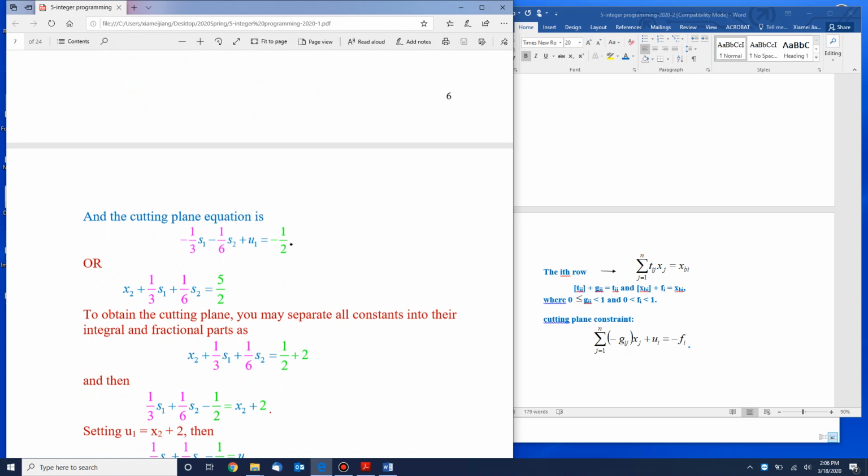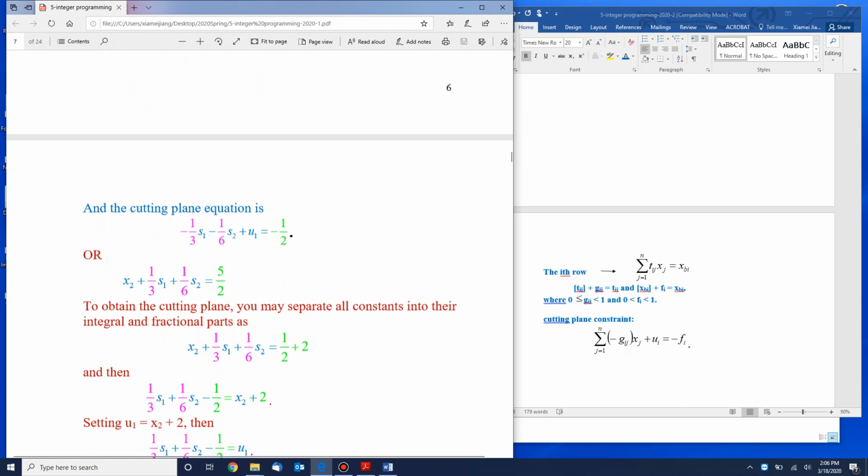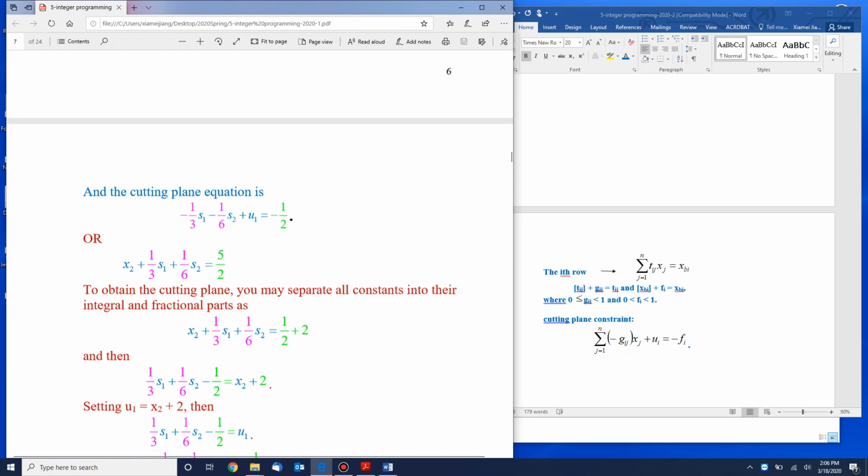As you can see, we want x2 to be integer, so x2 plus 2 is also integer. So we set a slack variable u1 equals x2 plus 2. Then the right side of the equation is also u1, right?